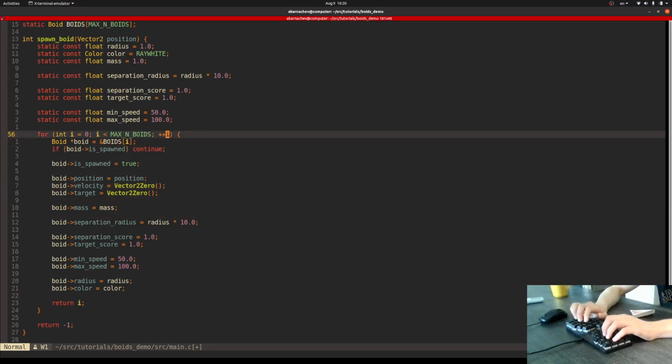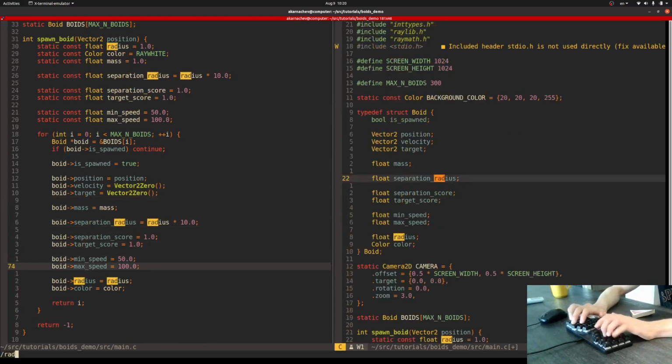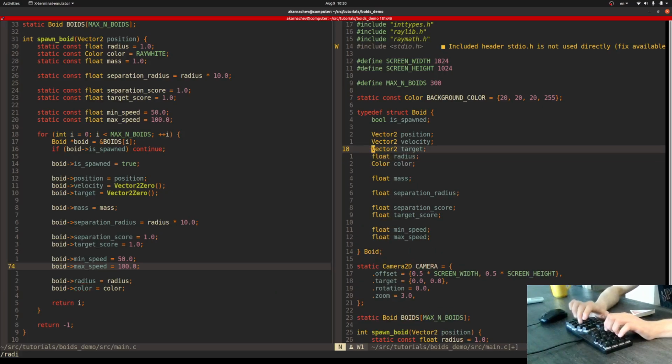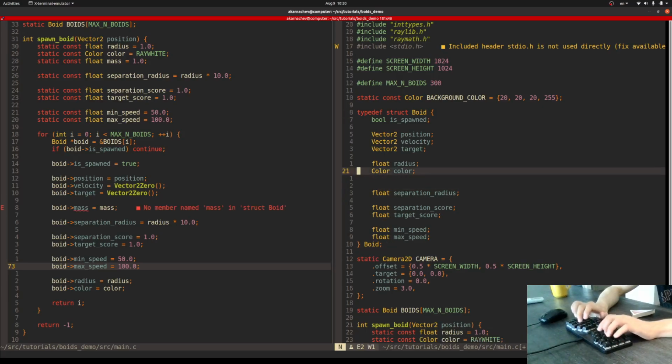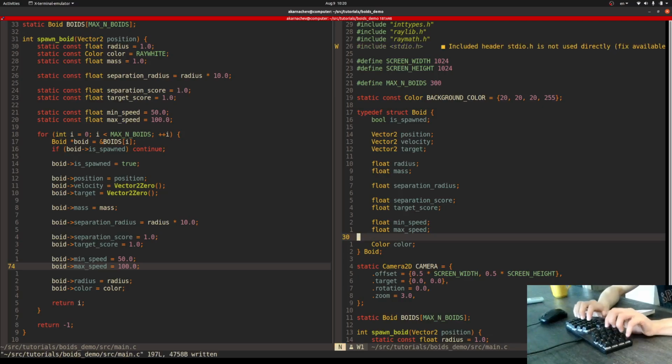Yeah, and maybe Boid, let me put this stuff here. Radius, mass, and color. Well, I don't need color at the top. I will put it below. Position, velocity, target. Okay.